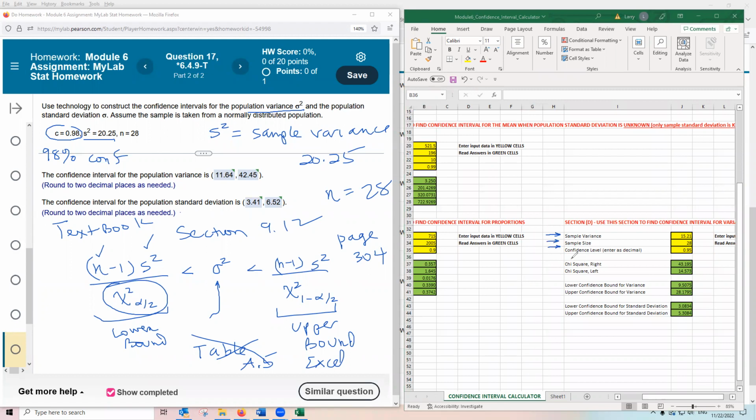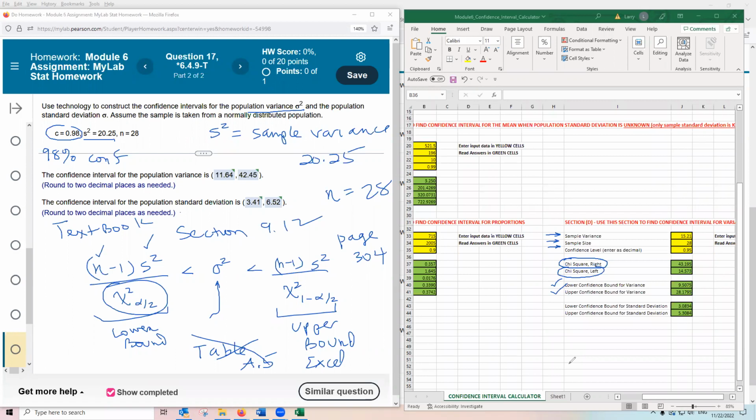Then this Excel workbook is going to calculate the chi-squared on the right end of the distribution and the chi-squared on the left. And then here are the confidence intervals for the variance and the standard deviation. If you remember, the standard deviation is just the square root of the variance. So the confidence intervals for the standard deviation are just the square roots of the confidence intervals for the variance.